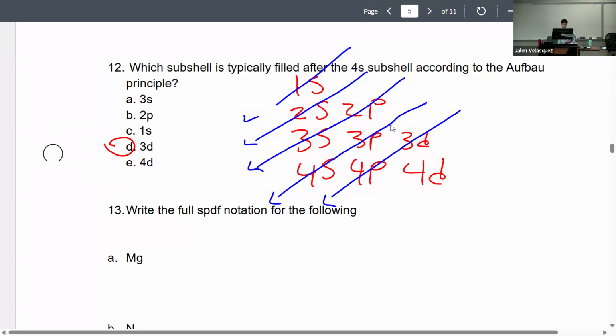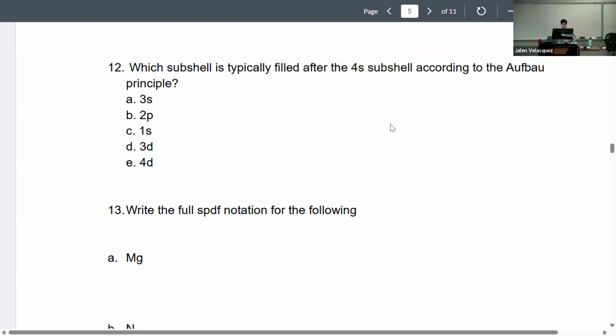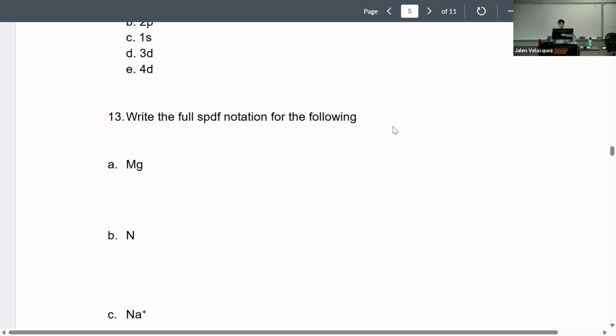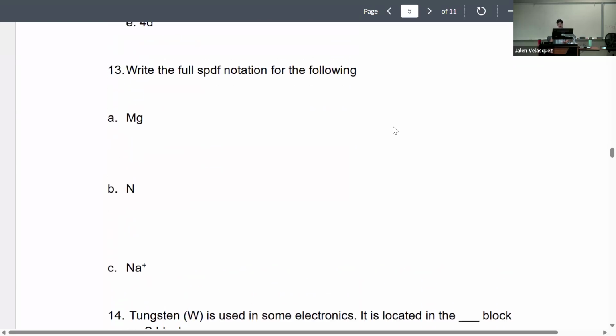All right. So number 13, write the full SPDF notation for the following. Time is going by fast. Who has the configuration for magnesium here? Anyone? Yeah, what do you got?